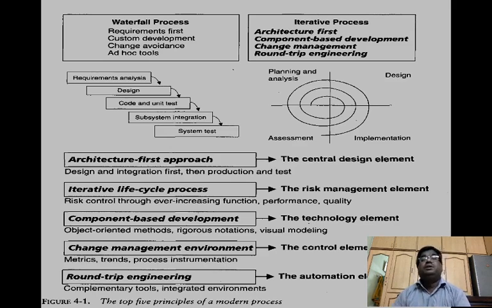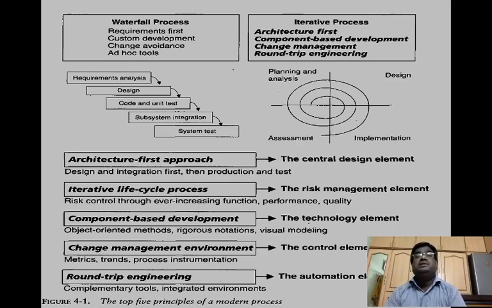Coming to the iterative process model. Today almost all major MNCs and top software industries are following the iterative process model only, because the project becomes a success when it follows an iterative process. Iterative means like rounds. In the iteration, there are four important activities. The first activity is planning and analysis.